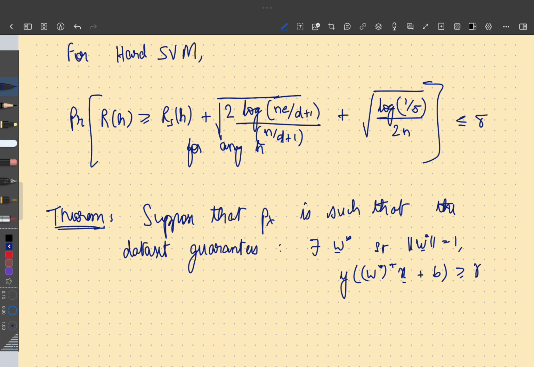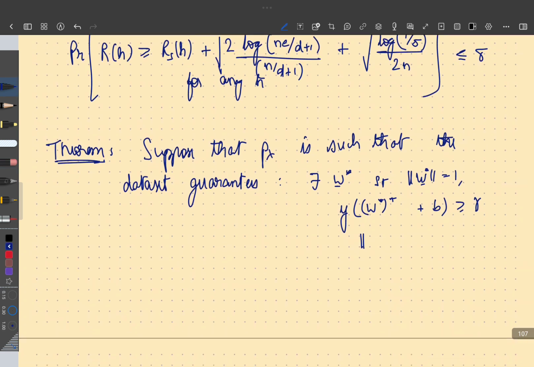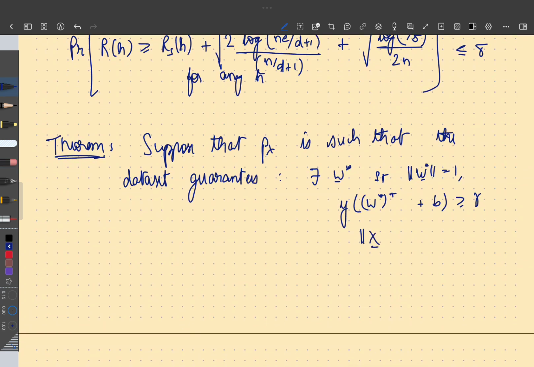So you're guaranteed a margin of at least gamma, and the norm of x is less than or equal to rho with probability 1.